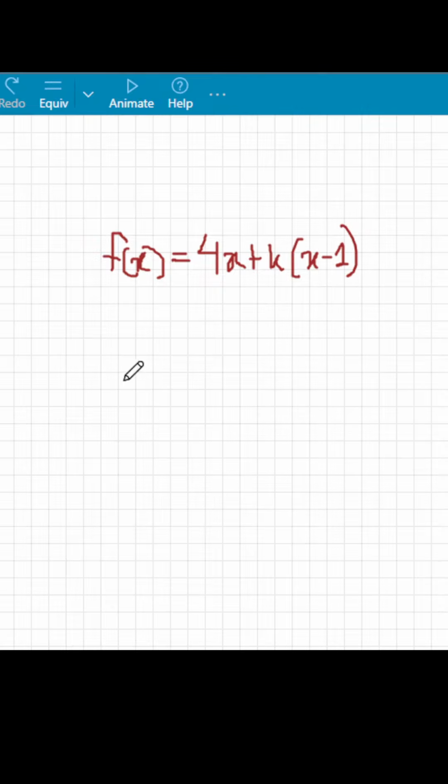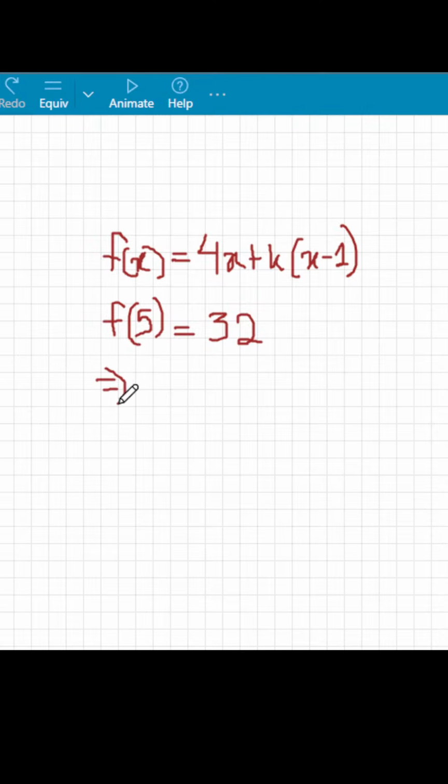And we're given that f of 5 is equal to 32. You can use this equation to find this unknown constant k and then derive the whole function.